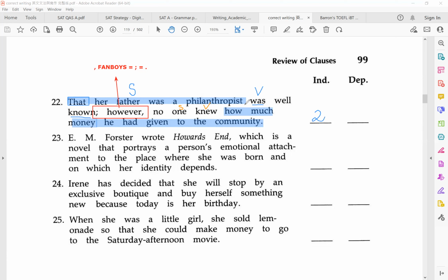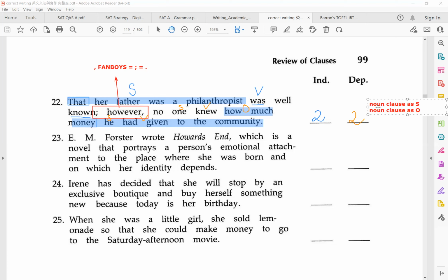And then we have a noun clause, how much he had given to the community. He had given, which is subject verb, how much to the community. That is another noun clause as object. Okay, so we have two, and this noun clause as subject, noun clause as object.